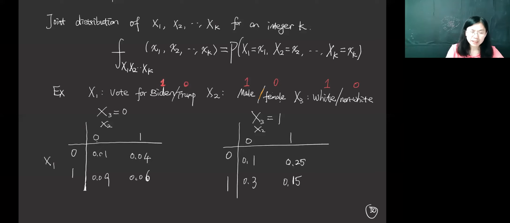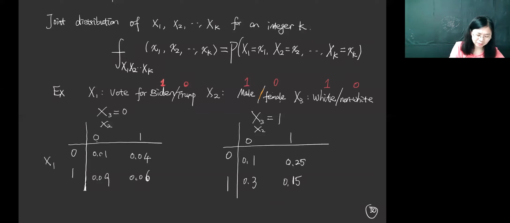Obviously, a single two-way table is not enough to describe the joint distribution of three random variables. Well, because all the x variables are binary, meaning that they take only two values, we can use two-way tables to represent the joint distribution.